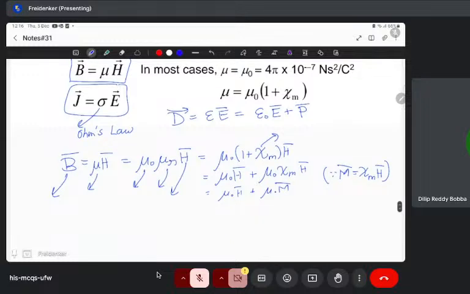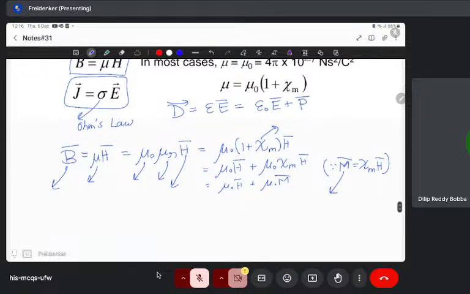Fine. M is the magnetization. It came in one of the questions, no? The question we had M, it was passing through a loop. So M is magnetization. In other words, magnetization is nothing but magnetic moment per unit volume, like how we have polarization, dipole moment per unit volume.